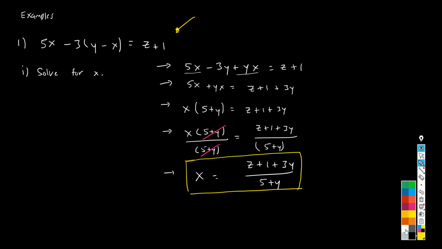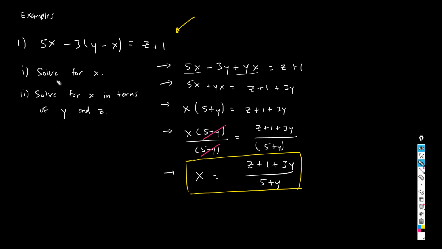Now, let me tell you other ways in which this same instruction is often told. All of these statements that I'm going to write mean exactly the same thing, okay? The author of a problem can tell you, solve for x, and then write in terms of, in terms of z, in terms of y and z.